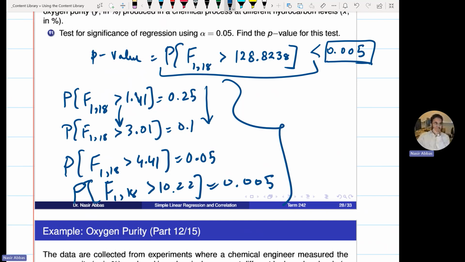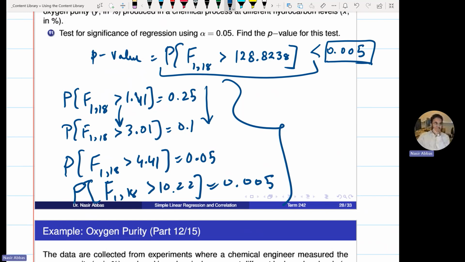So for getting the p-value, you have to see the trend from the F table. Sometimes the value is in between the two, sometimes the value is on one extreme, sometimes on the other extreme. For this example, if the F value was 0.31, what would be the P value?